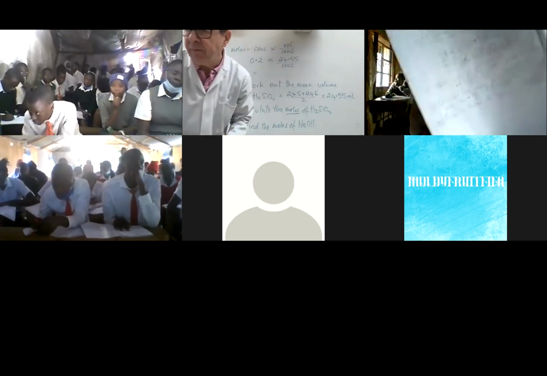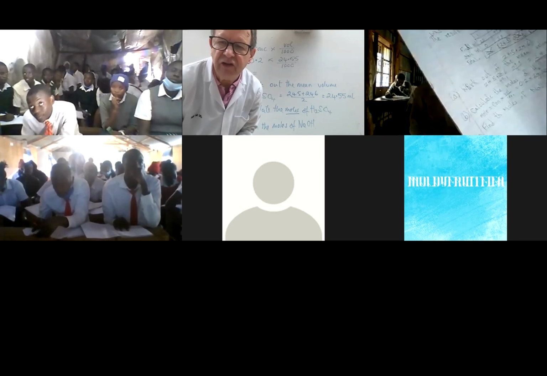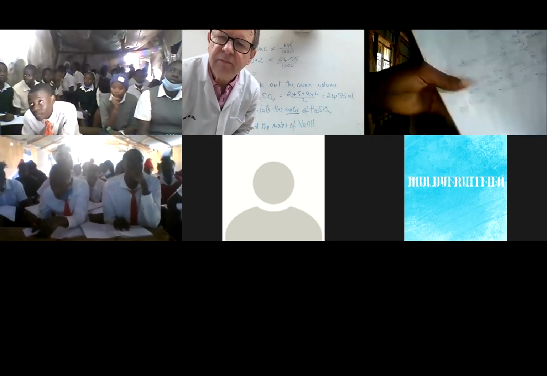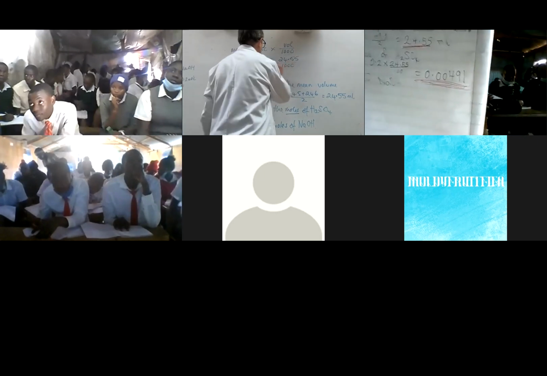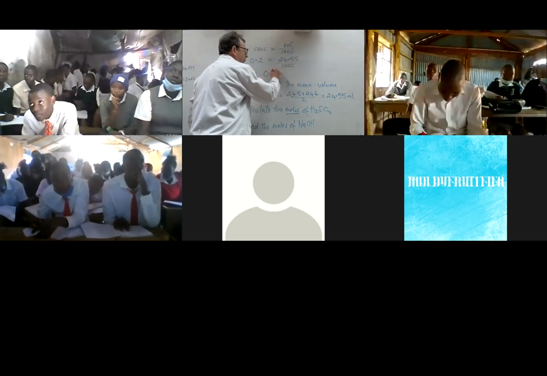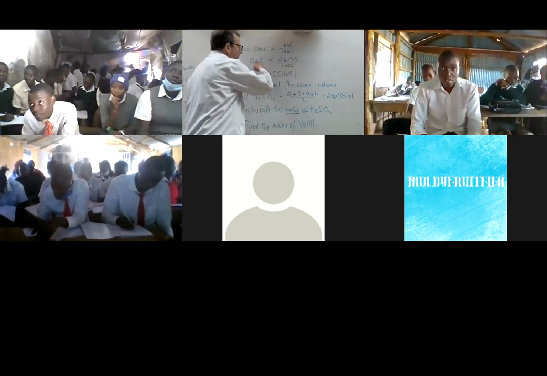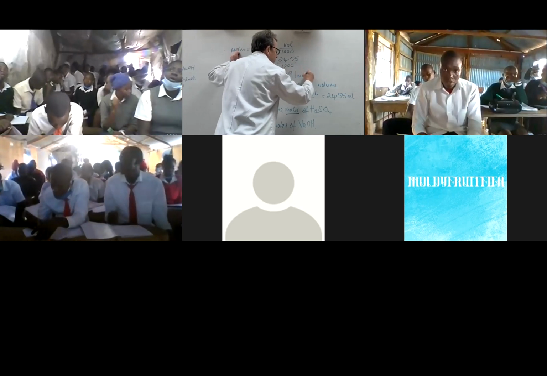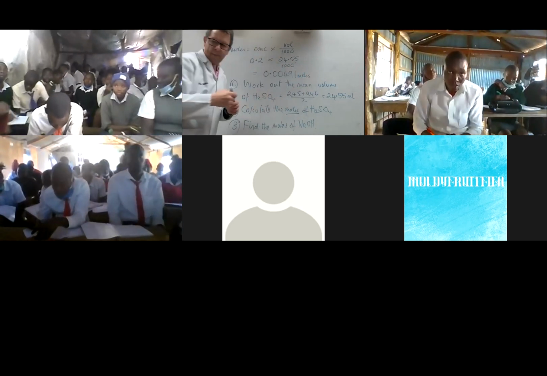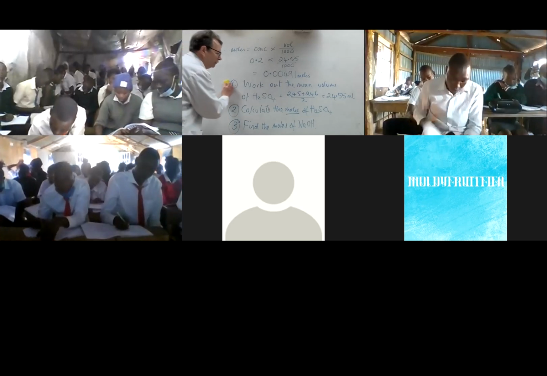So this number is 0.00491. This is moles, so we just write moles here. Okay? So we've done this one.